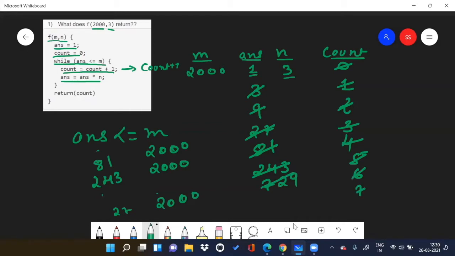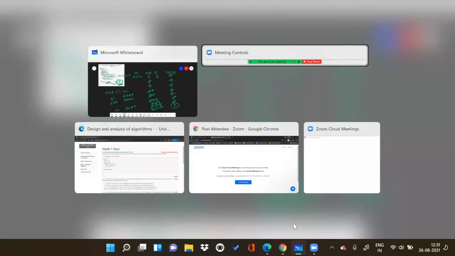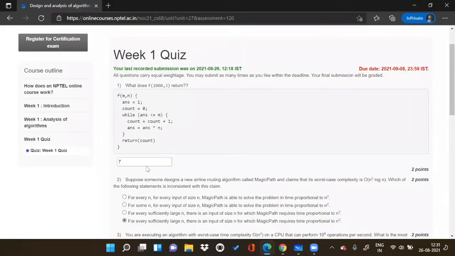And your answer will supposedly be somewhere around 2187. I think so, yeah. So 2187 would be your answer and this would be your termination point, where you return your count, and the count would be 7. So the answer for this particular question was 7.